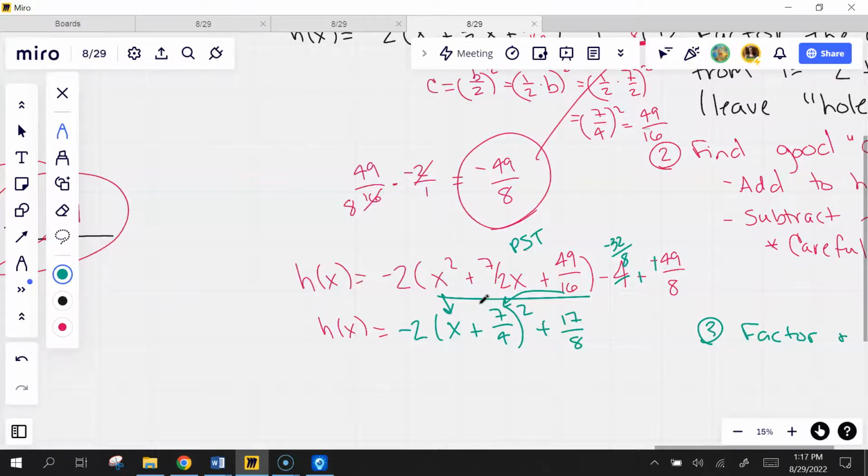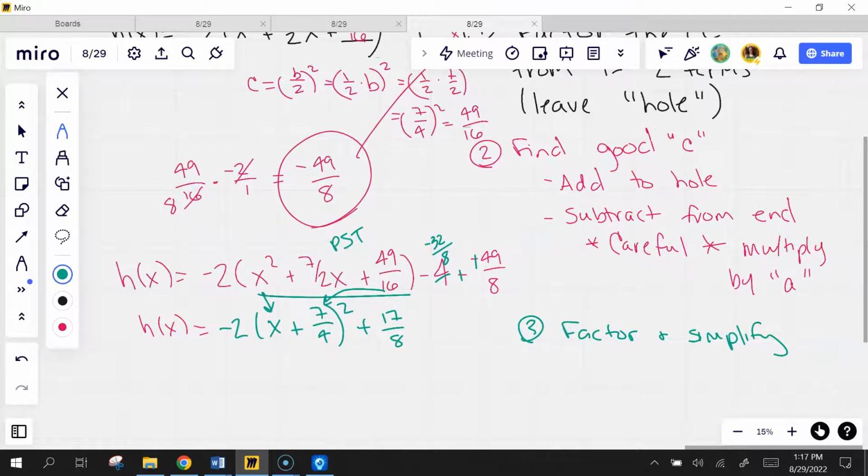If you FOILed this out, you'd end up back here. What's the vertex?